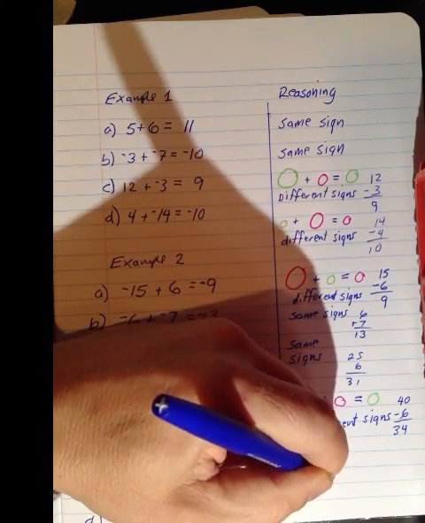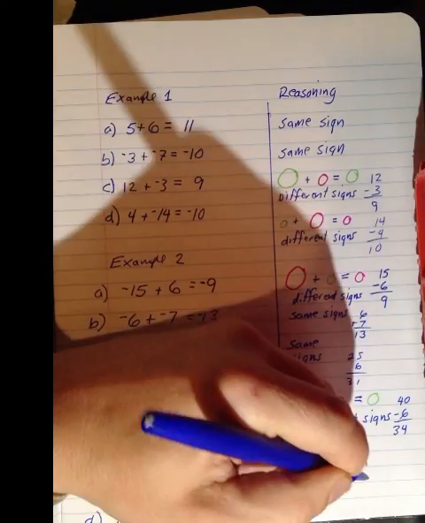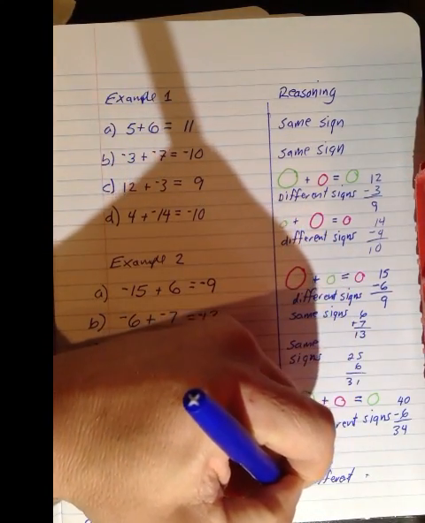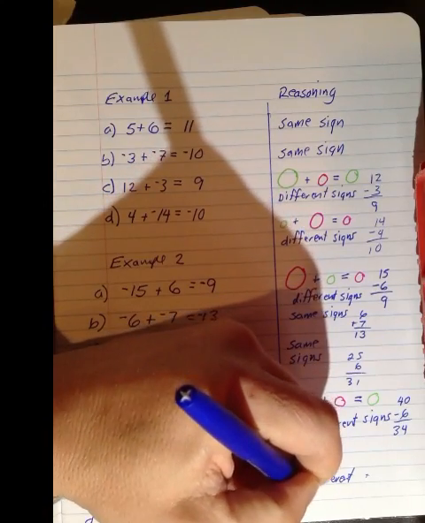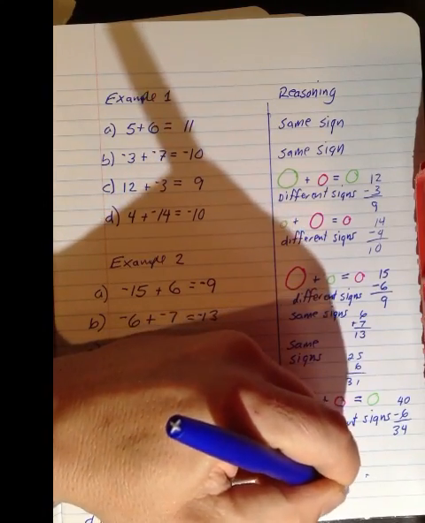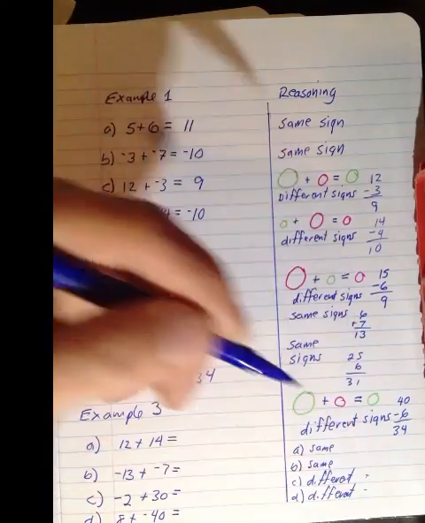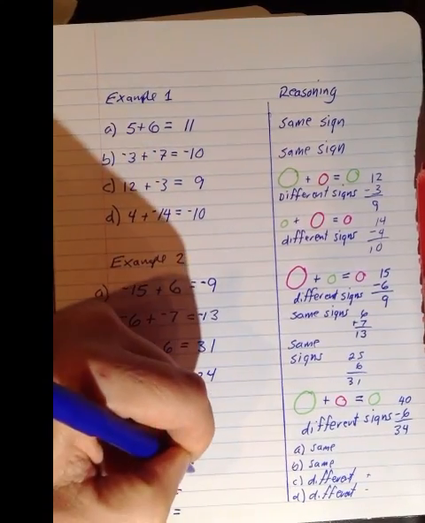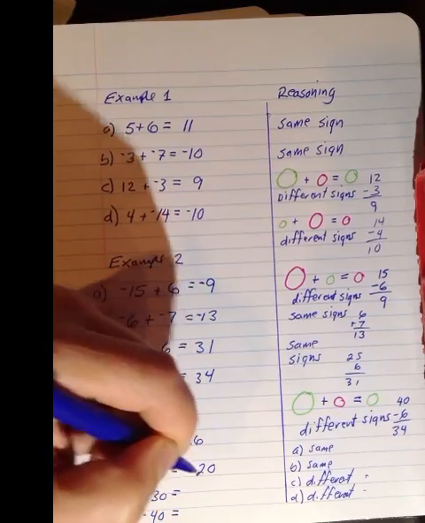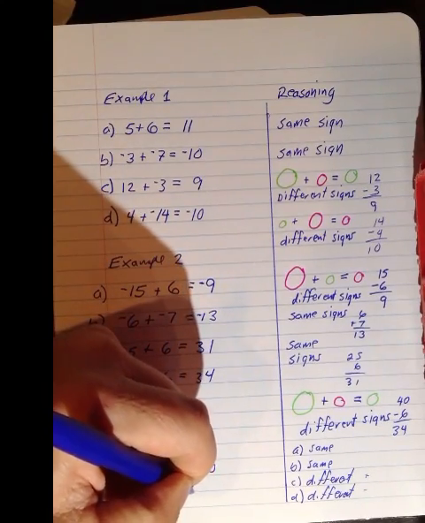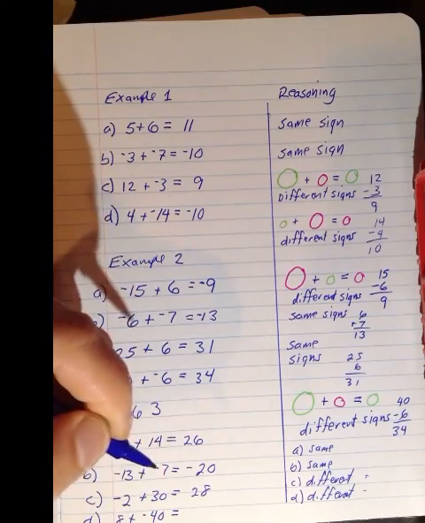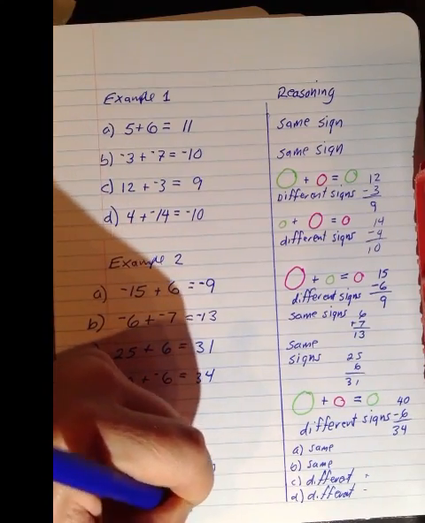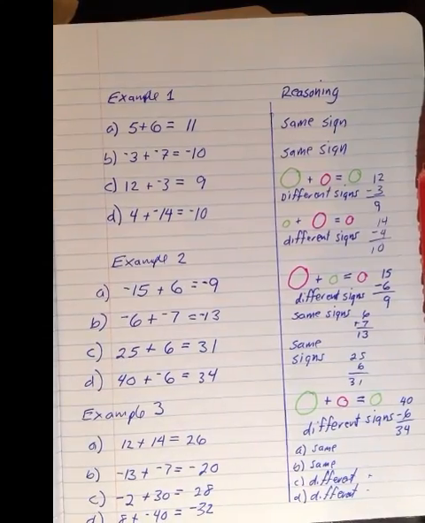So we'll just briefly write same sign or difference for each one. So if they have the same sign, we add and use the sign of the number. If they're different, then we find the difference and figure out if it's going to be positive or negative.